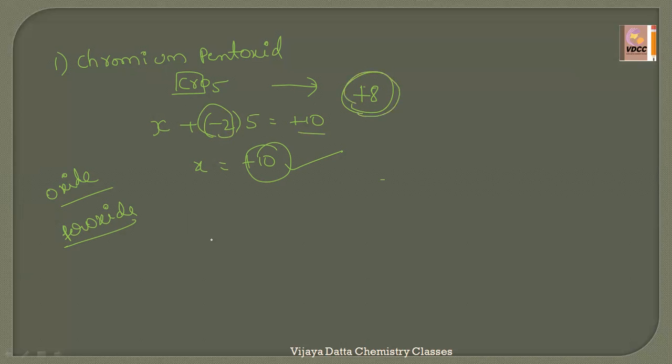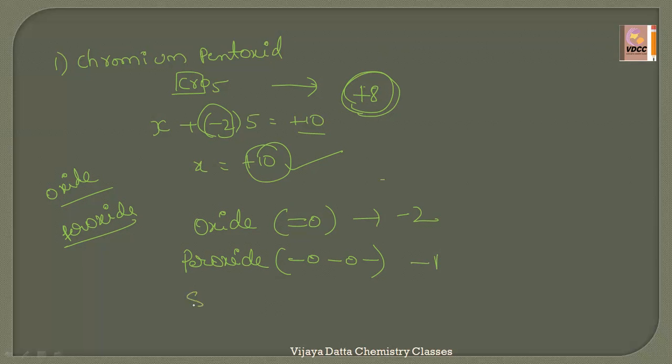Then what do we have to see? When oxygen is attached in the oxide form, that is, with a double bond, its oxidation state is minus 2. If oxygen is in a peroxide linkage, that is, oxygen attached with a single bond, then each oxygen shows minus 1 oxidation state.